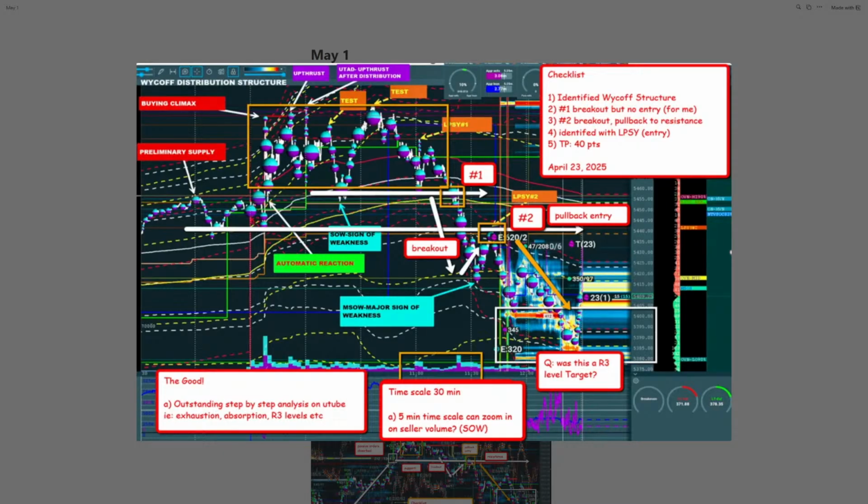But Malik, R3 is a place where you look for selling and then you look for a seller. You're looking for the great white shark of a seller, not just something institutional coming in and small that may just create a pullback.